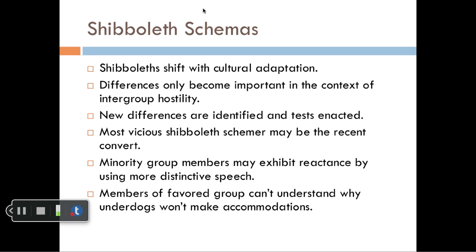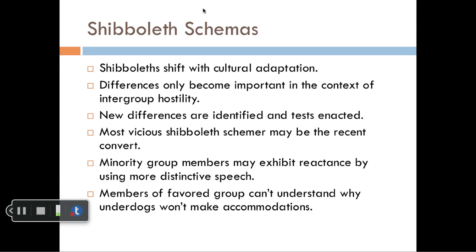Another impact can be that the members of the favored group can't understand why the other group won't make accommodations. They say, hey, why can't you just learn to speak like us? This is the way people should speak, and if you speak like us, you're speaking correctly. If you speak differently, you're speaking incorrectly. We can't understand why you just can't learn to be like us.